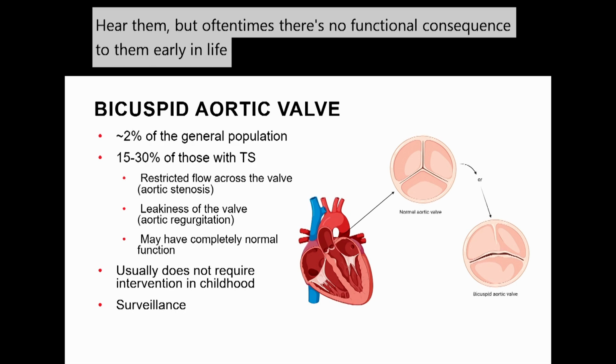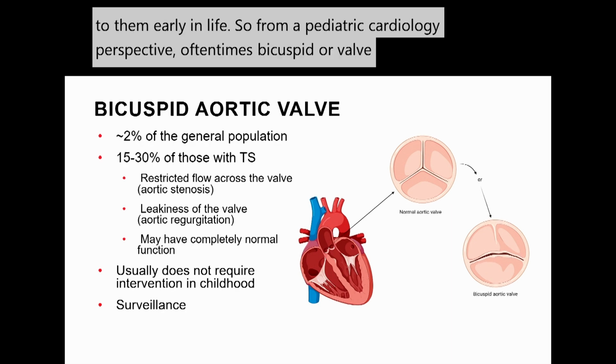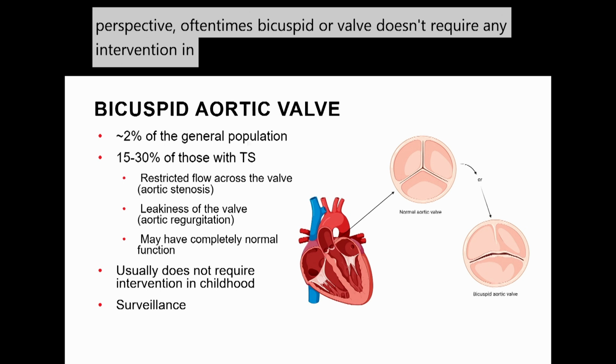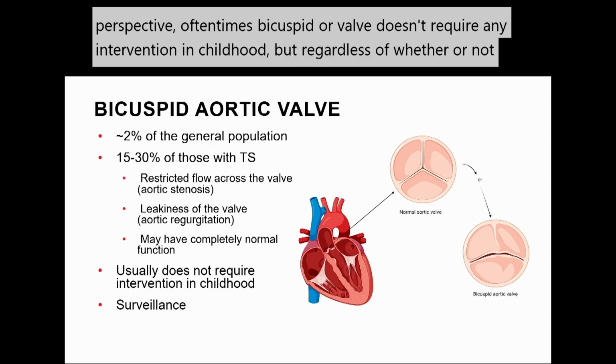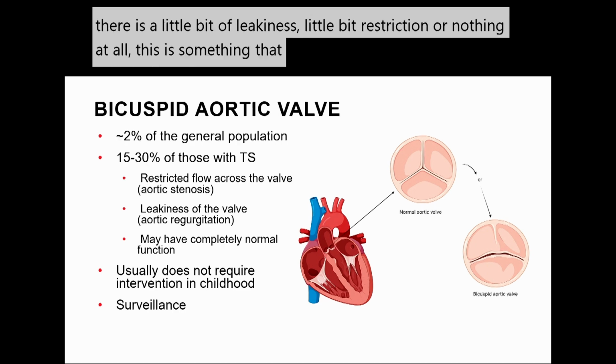From a pediatric cardiology perspective, oftentimes a bicuspid aortic valve doesn't require any intervention in childhood. But regardless of whether there's a little bit of leakiness, a little bit of restriction, or nothing at all, this requires lifelong follow-up and surveillance.